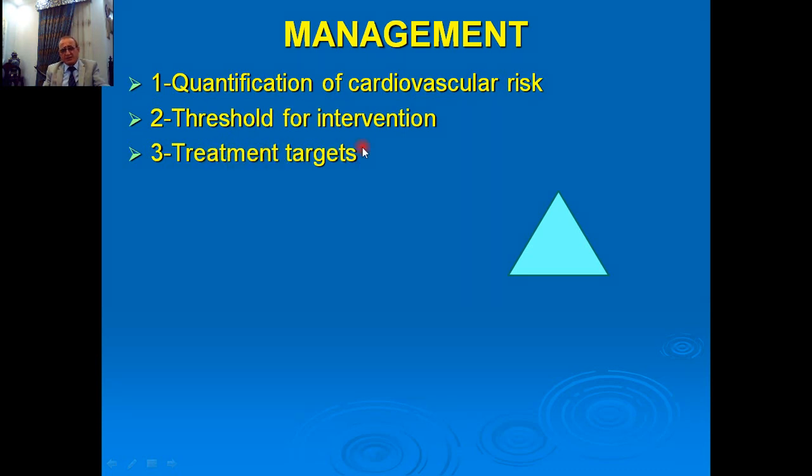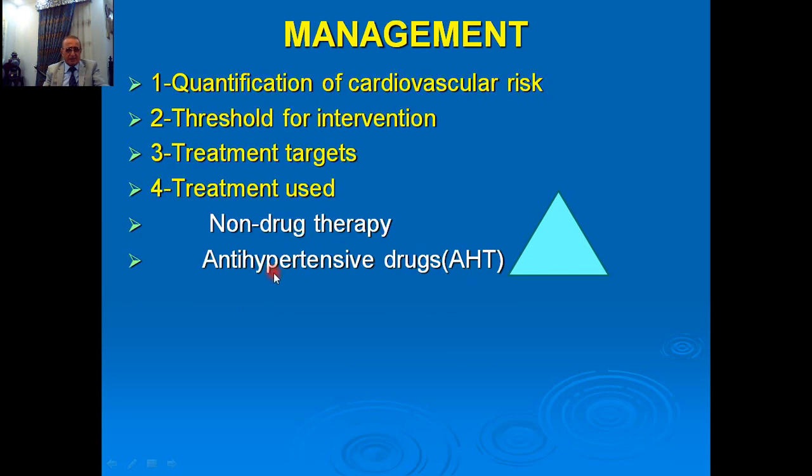Shall I reduce the blood pressure to all of my patients to 130/80 or not? The fourth, what treatment I should use? We have non-drug therapy and we have drug therapy, antihypertensive. Remember this triangle? The antihypertensive drugs are 3 groups actually. The first group is the diuretic, which handle the blood volume to start with.